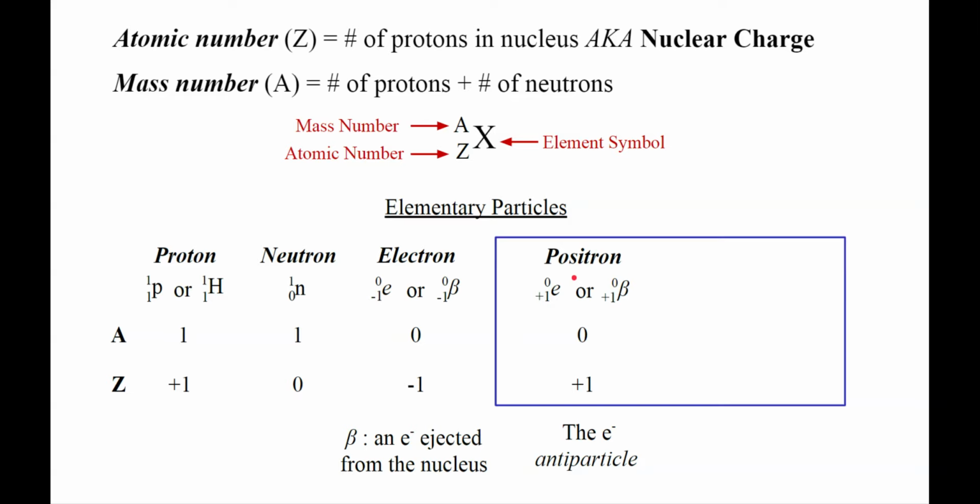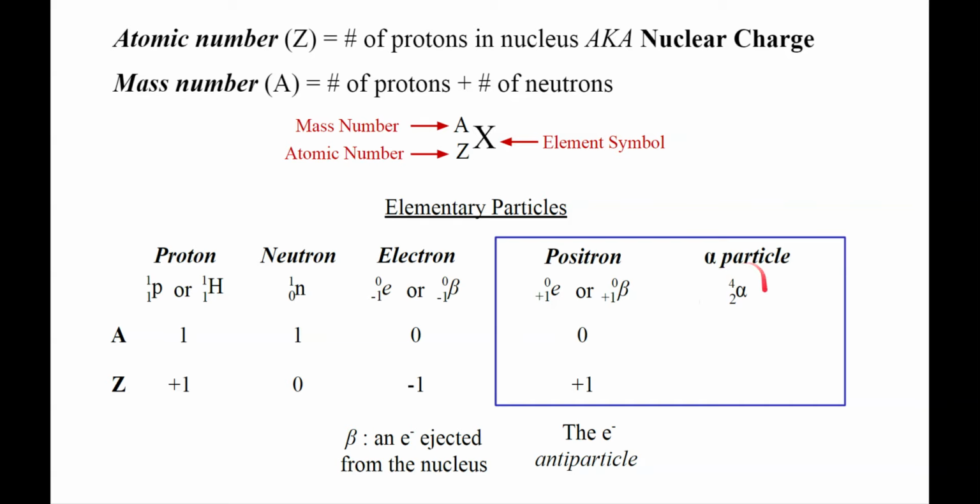A positron is not something you normally see in a chemical reaction. However, here we're going to see some of the weird radioactive nuclear decays give off weird things like positrons. Another one we're going to see is the alpha particle. It has an atomic number of 2, so there are 2 protons, and an overall mass of 4, so there are also 2 neutrons.